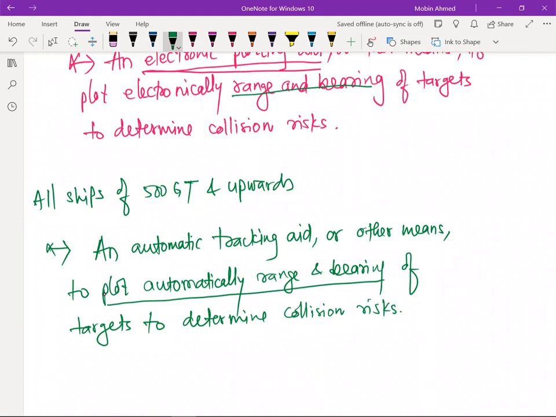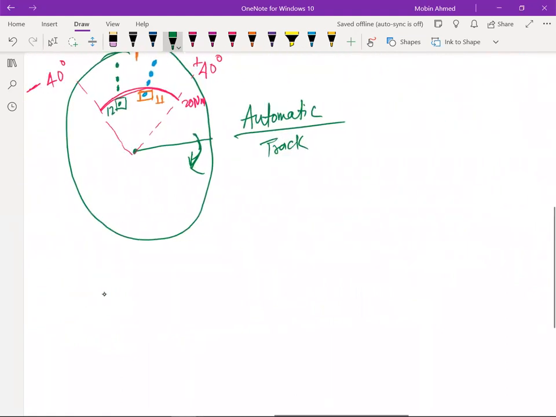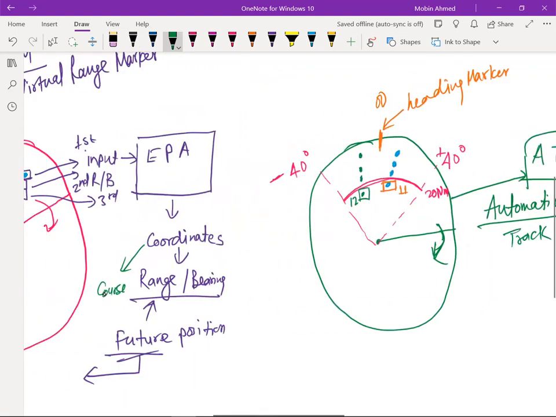So this is talking about the automatic tracking aid. The automatic tracking aid is different: we are giving a sector and a range, and any target that appears there will go to the automatic tracking aid, ATA. So these two are very different.